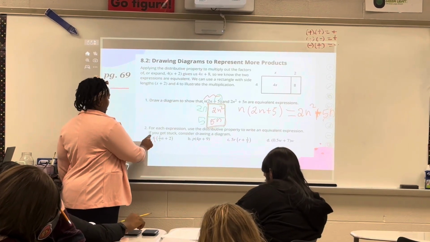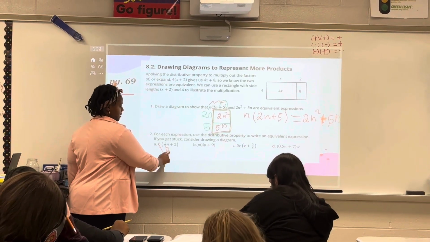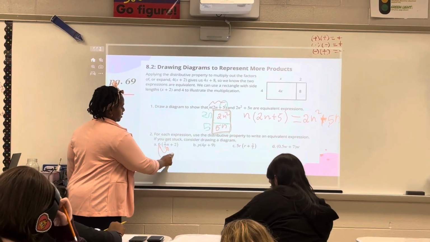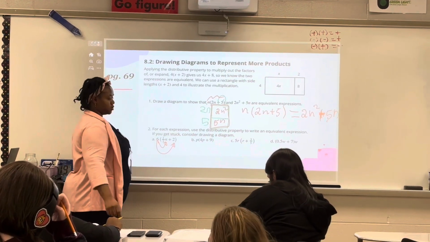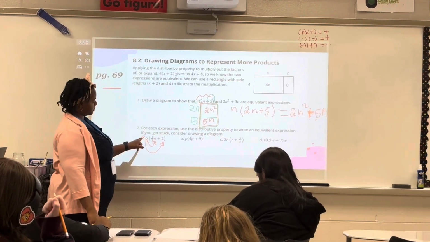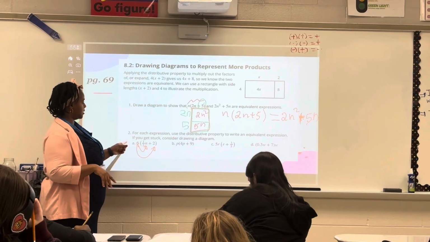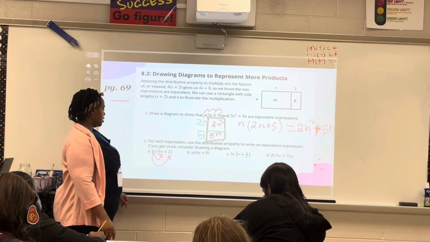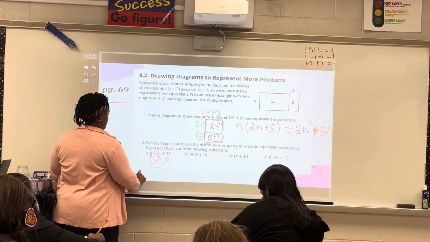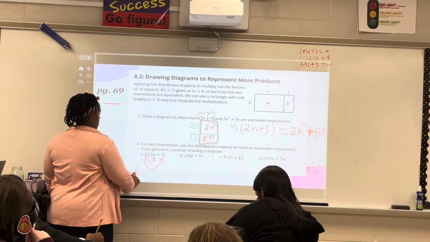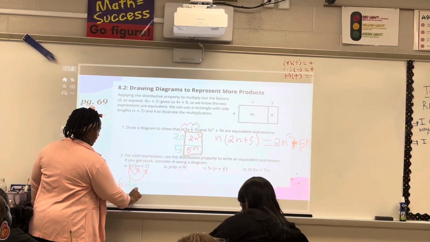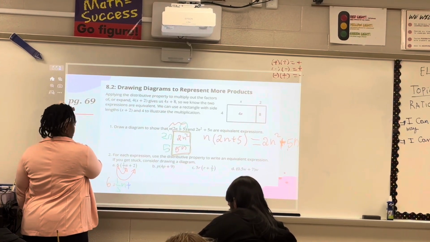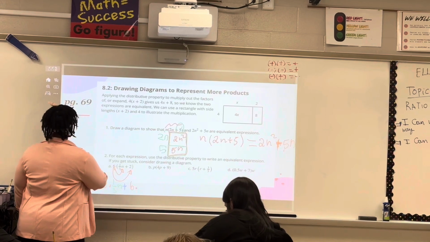So we're gonna multiply 6 times 1/3 of n, and then you take 6 also, you multiply by 2. Okay, so you take all your number outside the parentheses and you multiply, and so it's like expanding your expression. So this is gonna be 6 times 1/3 of n plus 6 multiplied by 2.